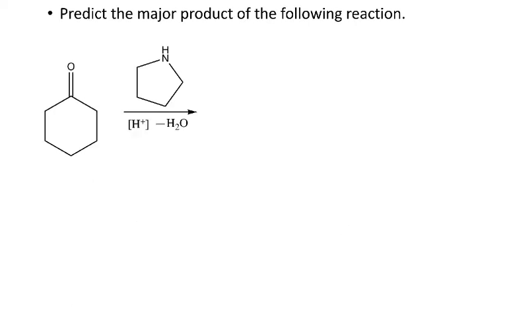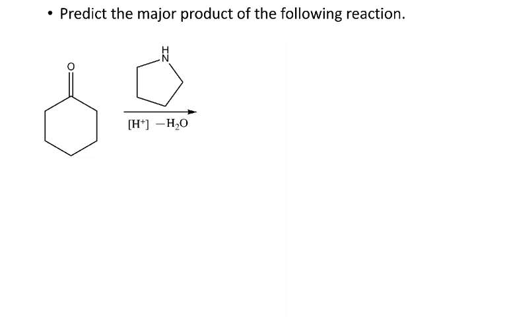Okay, so in this case, we have a ketone being reacted with a secondary amine. And so what we're going to end up with is the nitrogen is going to take the place of the oxygen, and it'll have the two R groups coming off. Those R groups just happen to be connected to one another. And then rather than having a carbon-nitrogen double bond, the carbon that's being attacked by the nucleophile and one of its neighboring carbons will end up with the double bond.